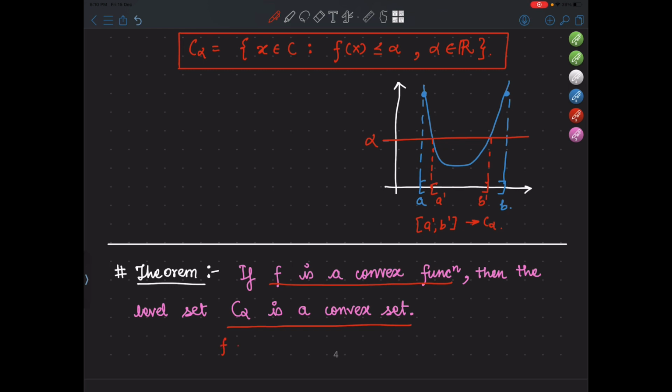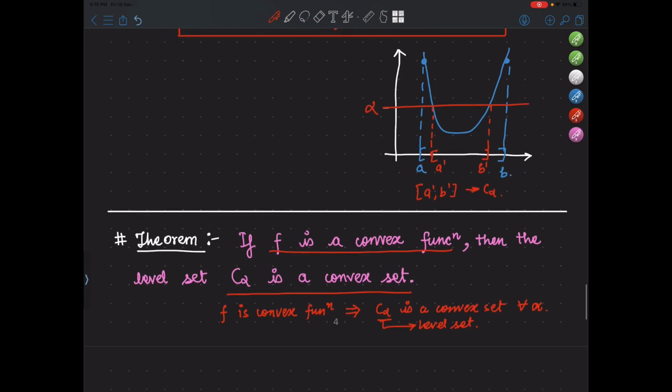The theorem says that if f is a convex function, it implies all level sets C alpha are convex sets, for all alpha, where C alpha means level set. The reverse is not true. There is no if and only if condition here.